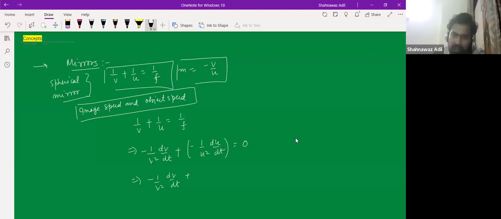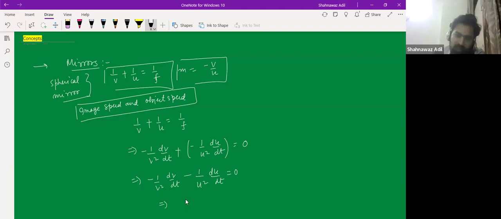So that is the mirror formula, right? Yes, you are correct. This is du by dt, and this is equal to 0. If we take this to the right hand side, what will we get?